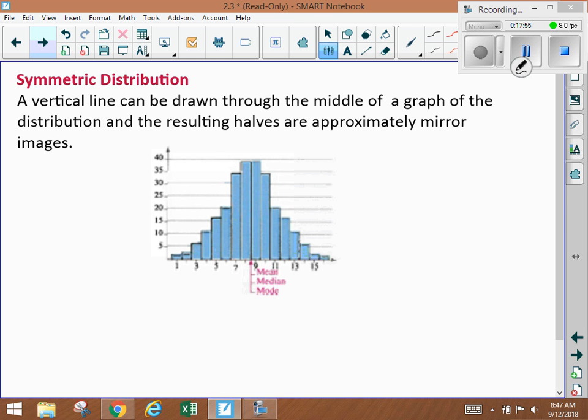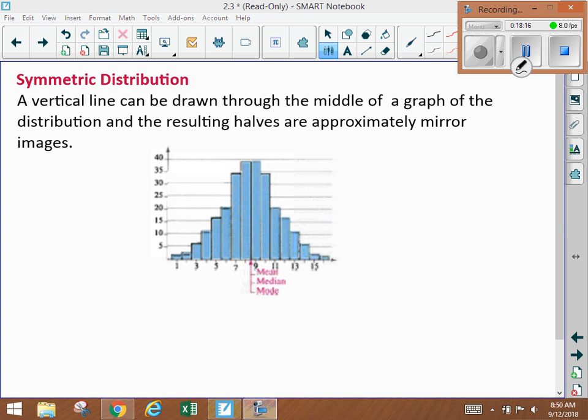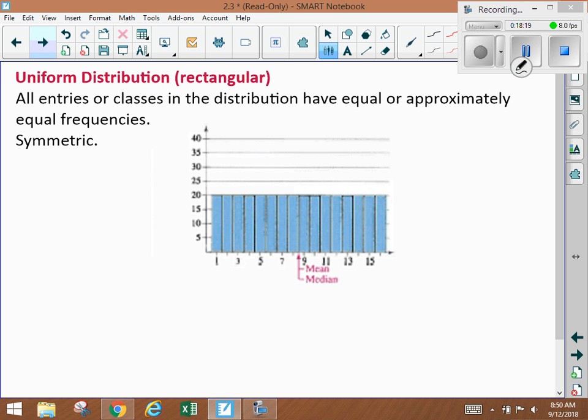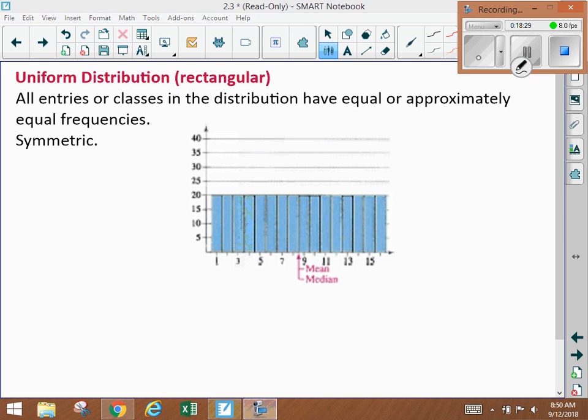If you can split it in half, and one half looks just about the same as the other half, then it's symmetric, just like all squares are symmetric. Uniform means they all have the same frequency, so it's flat on top. It is also symmetric.